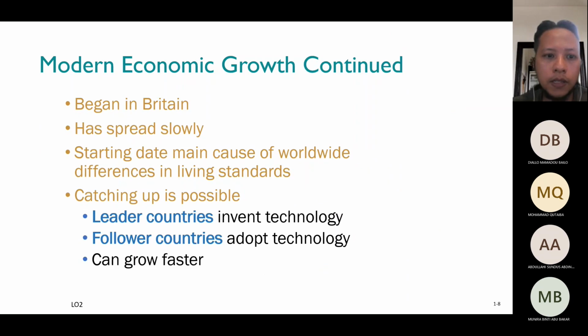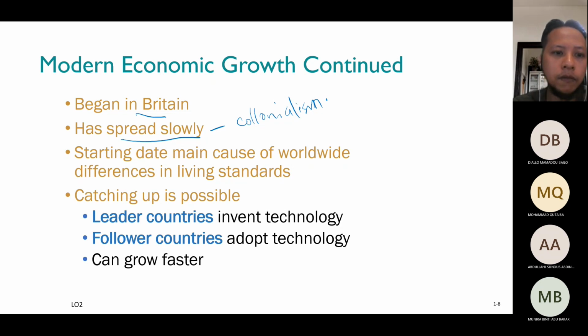Yeah, and the argument is that the modern economic growth in terms of how we measure growth began in Britain, in the UK, and spread slowly. And you can argue this is because of colonialism. So when they colonized many countries around the world, they started to spread their ideologies and how the system should work. And basically, the factor of colonialism also influenced the different living standards of countries around the world.